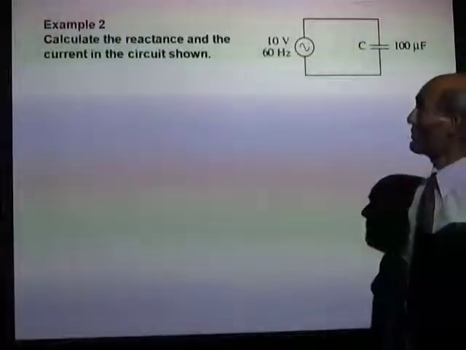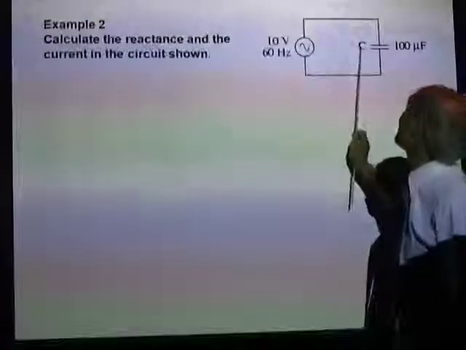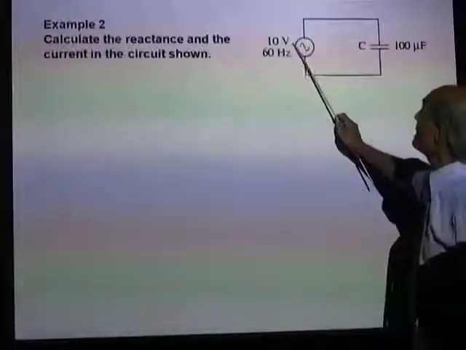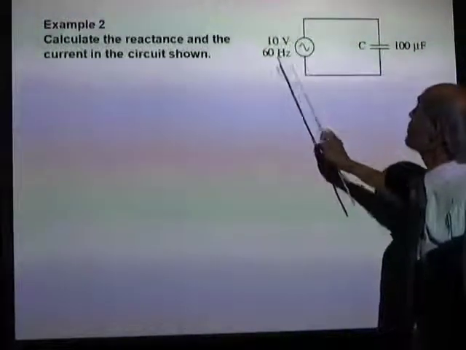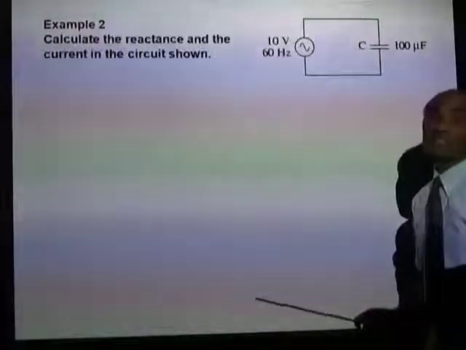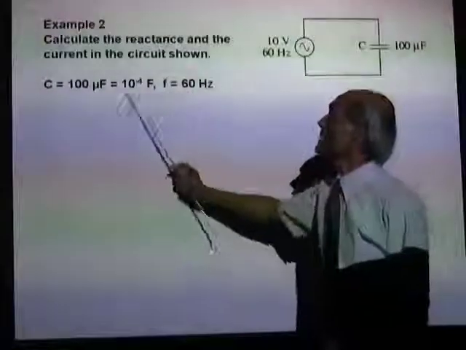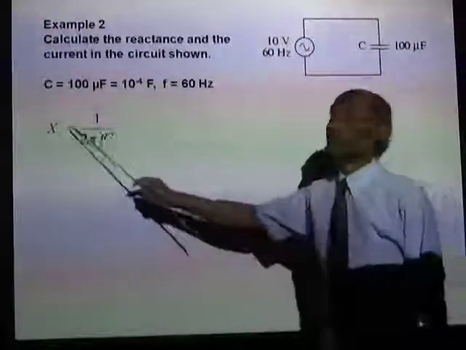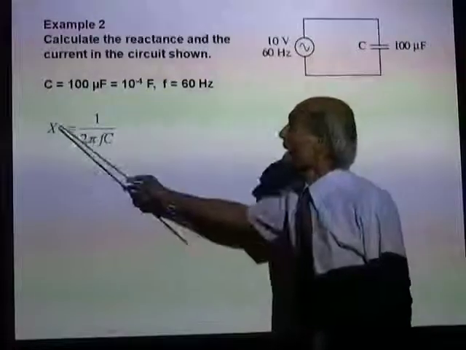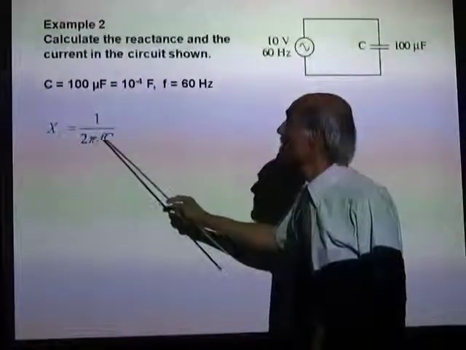Let's do another example. Calculate the reactance and the current in the circuit shown. Here we have an alternating current source which produces a 10 volt EMF at a frequency of 60 Hz connected to a 100 microfarad capacitor. So we got the capacitance, we got the frequency, therefore the capacitive reactance X sub C is 1 over 2 pi fC.